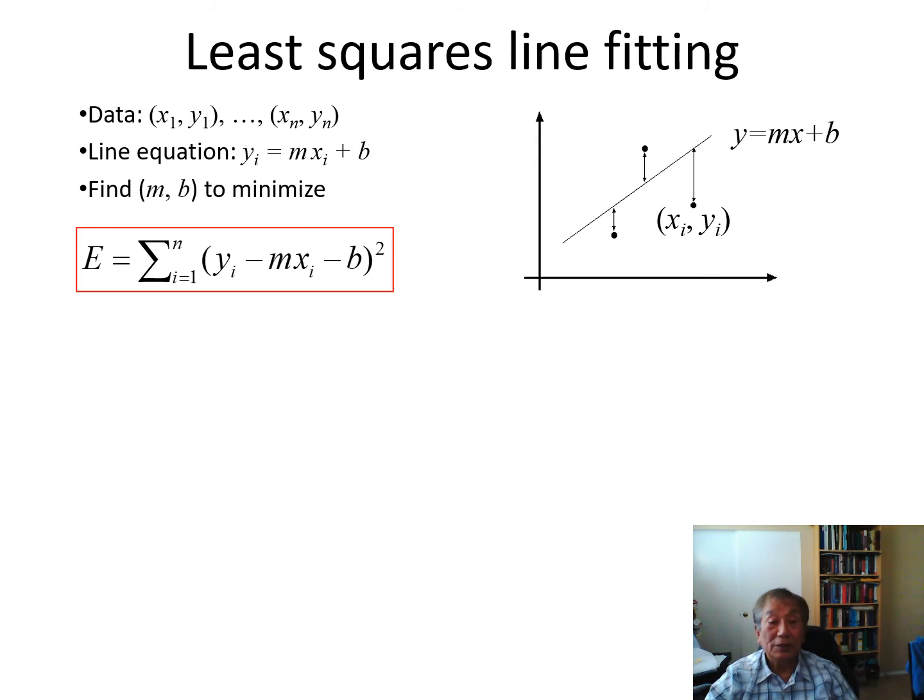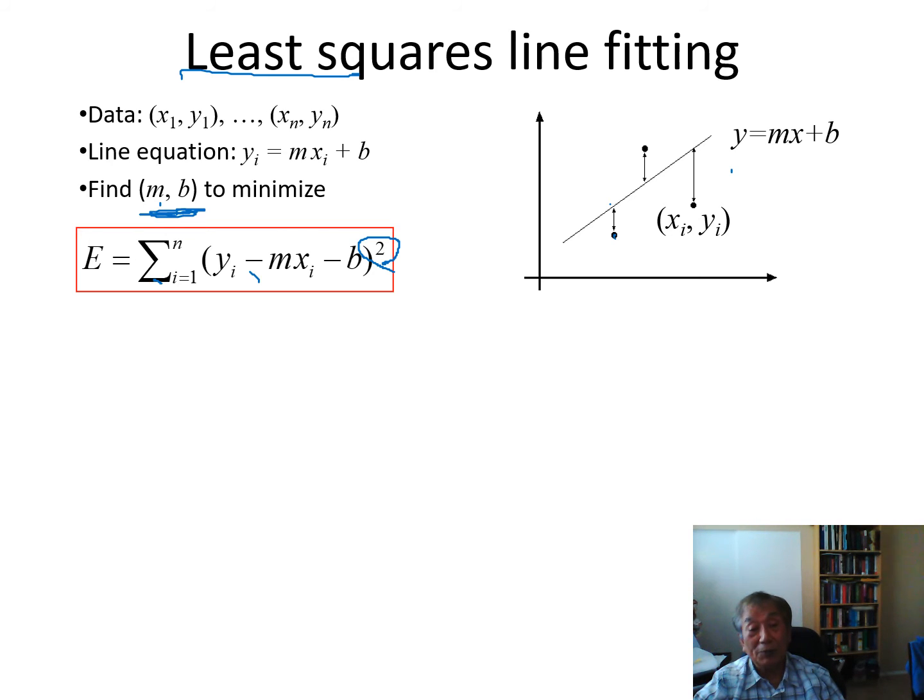Okay, so the least square method is the smallest square. You square something, sum it up, and find the minimum m and b. So you have dots. This is an elementary but also very essential part of statistics.